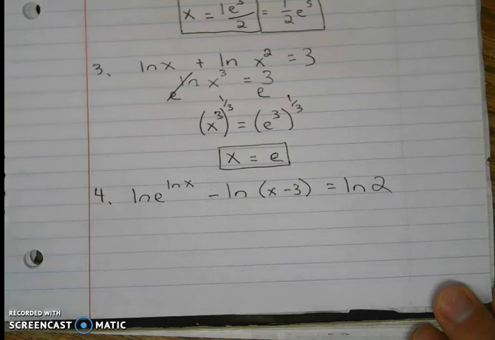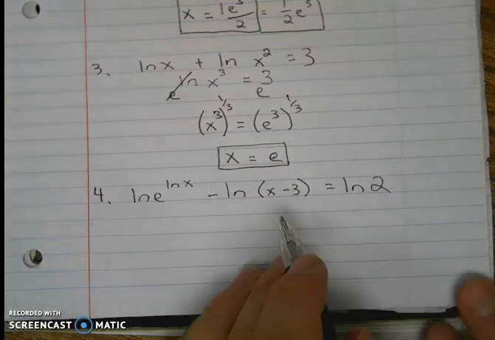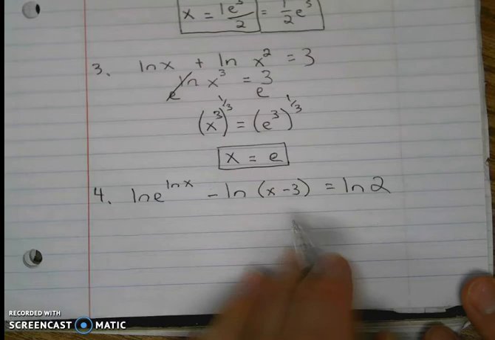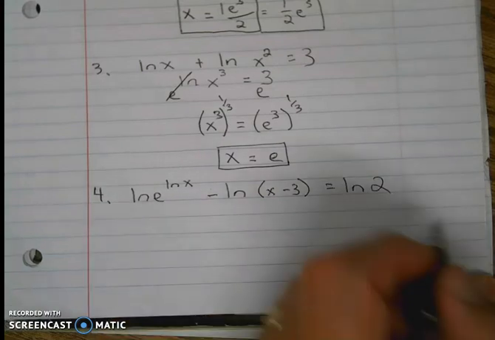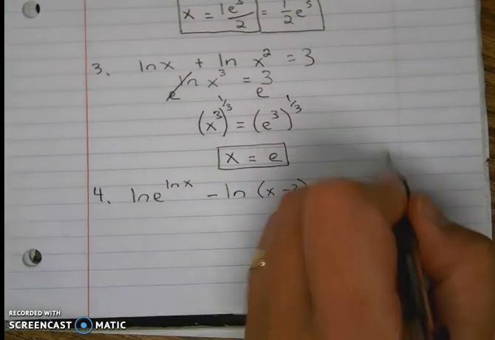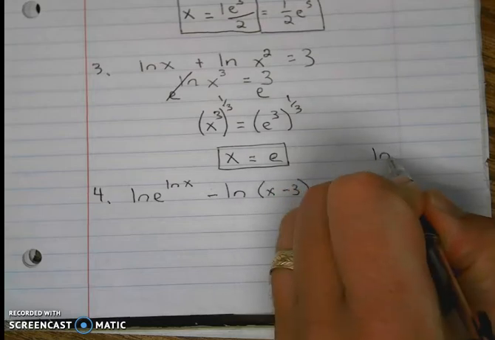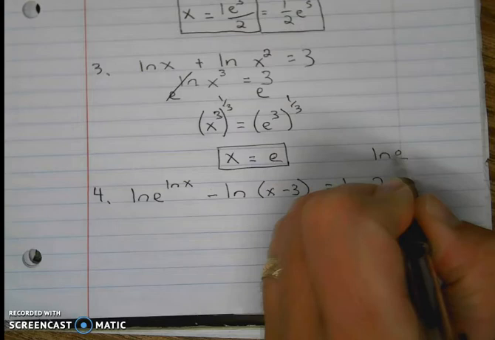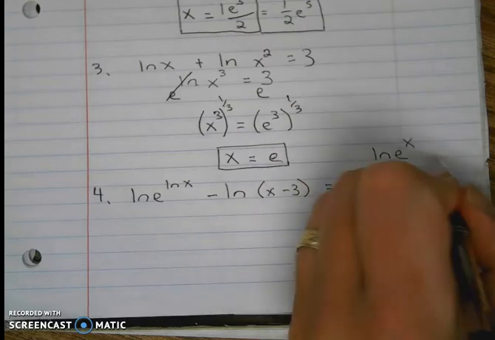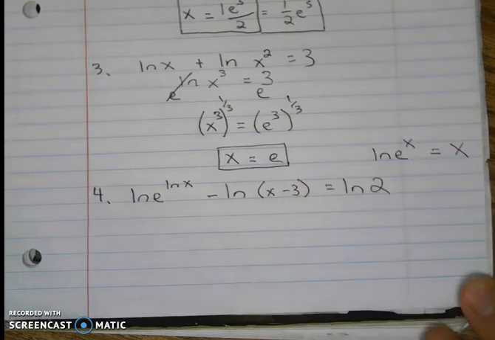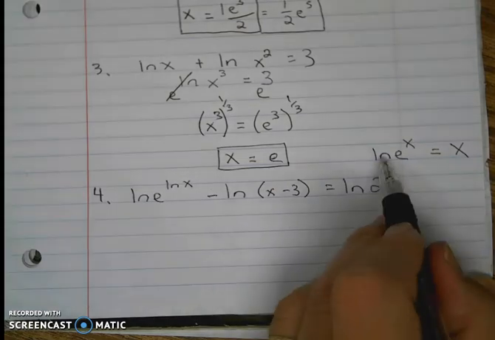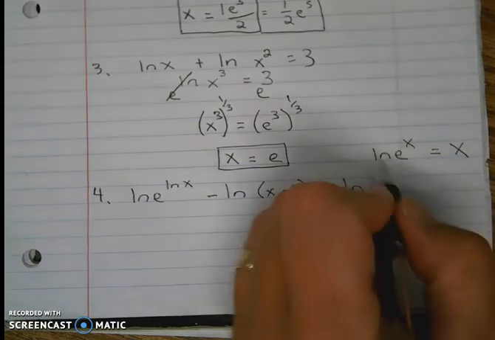First thing we want to do here is one of the properties you need to know for this type of problem is that the natural log of e to the x equals x, because the natural log of e is 1.